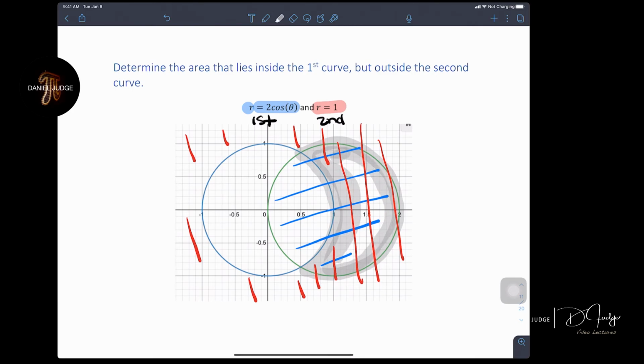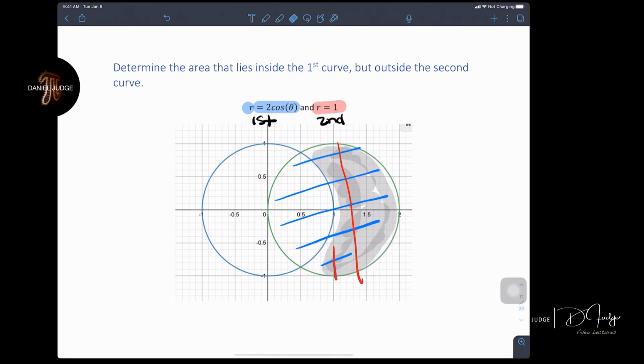So what I'll do now is I'm going to erase all this other stuff here because it's distracting. But that's what they're talking about. Area inside the first curve, but outside the second curve.